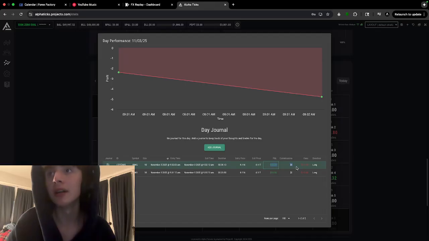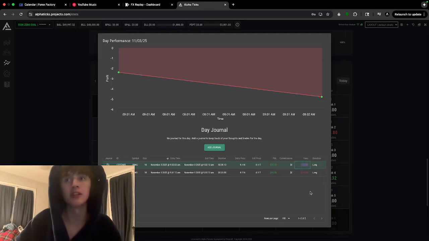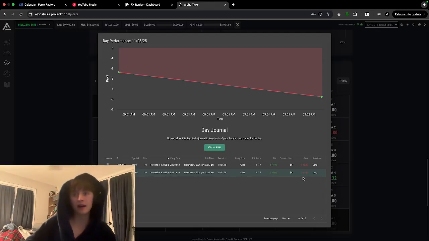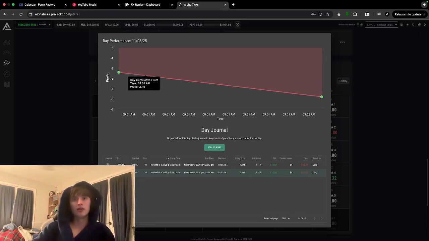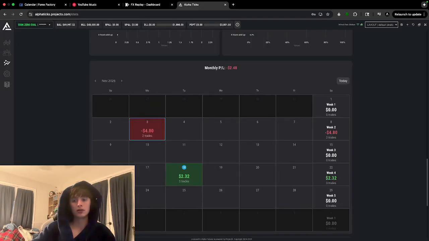I made money, but the fees were more than the money, so I lost money. I made $20, but I had $24 in fees. Now you might be wondering, how is that even possible? Look at this. Green trade, but then it's red. Have you ever seen that before? No, I don't think anyone's seen that before.